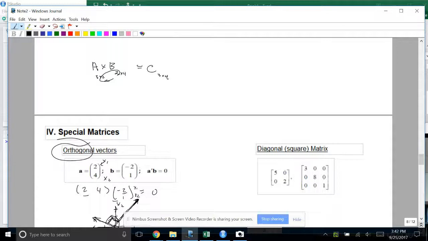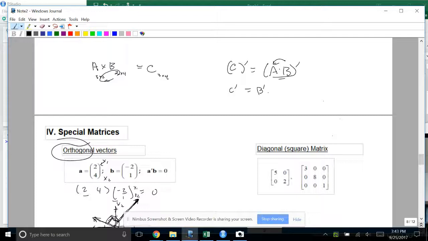What happens if we take the transpose of C? That's going to be equal to the transpose of A times B. But we reverse the order and take the transposes of the items inside the parentheses.